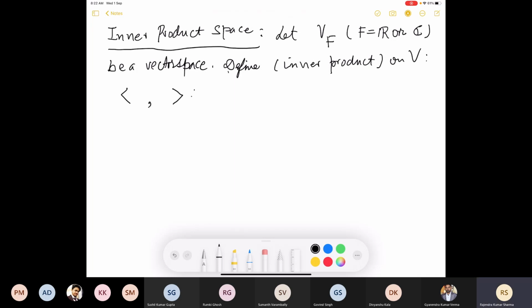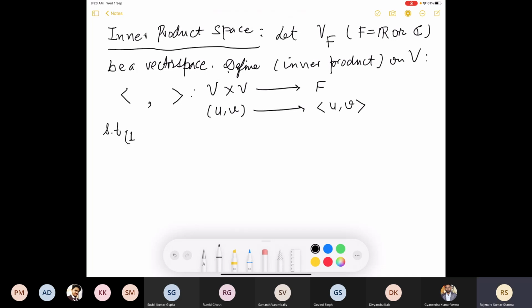This is a mapping from V cross V to F. It takes an ordered pair u, v, and the image we shall denote by u comma v. This mapping is called the inner product. So this is an element of F, that means it is either a real number or a complex number. So define this with the following properties.